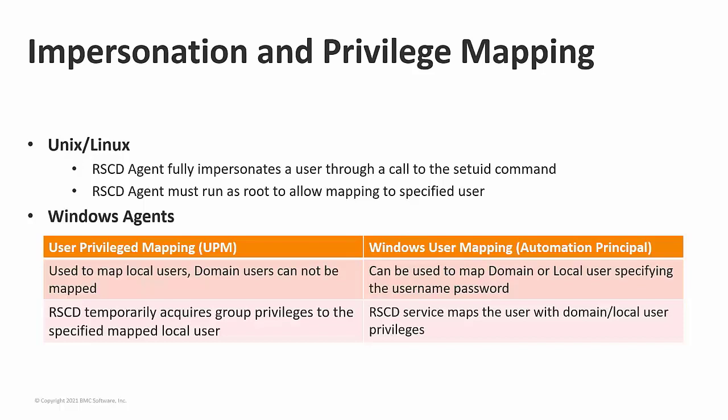Once user mapping is done, the BladeLogic RSCD user will use the privileges of the Automation Principal user in order to perform the actions or tasks on the target machine. In a scenario when ACL files are configured to use a local account and the role on the TSSA is configured to use Automation Principal, then the Automation Principal will take precedence over UPM.